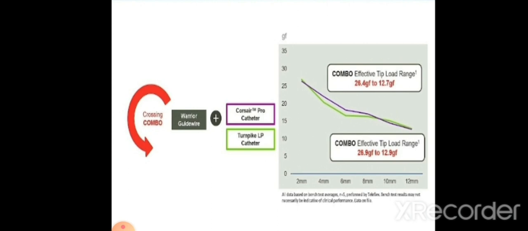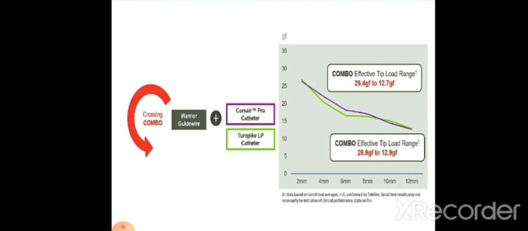Another example: if we have a guide wire with a Corsair Pro microcatheter and the Turnpike LP, these two kinds of microcatheter are semi-flexible, and I think at that time you will not observe a very big difference between the two.